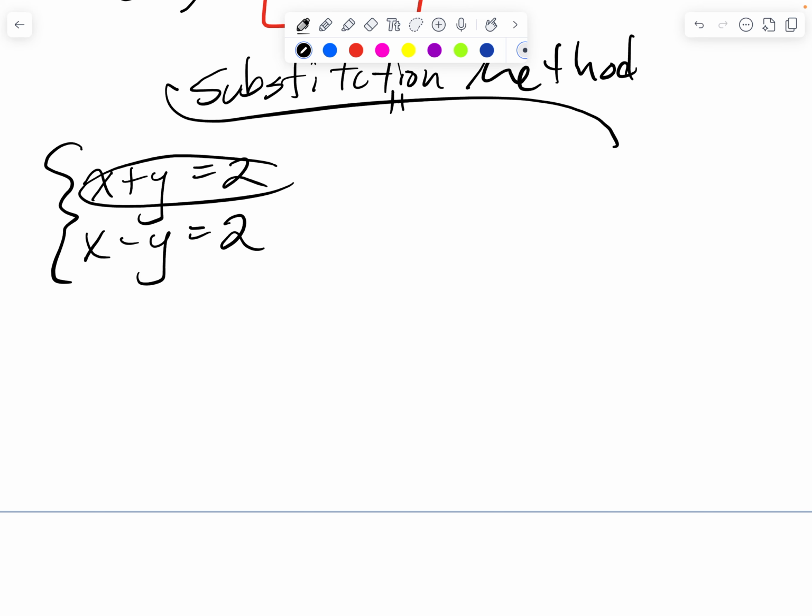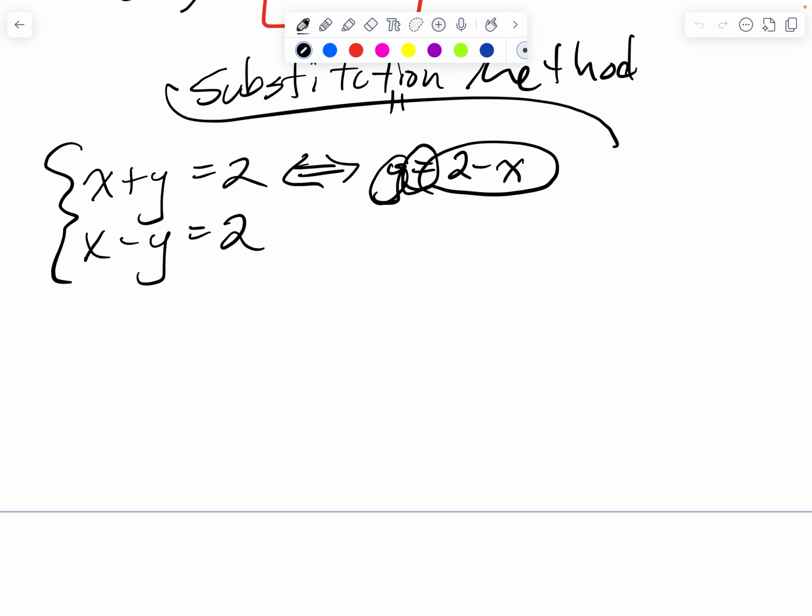This guy can be rewritten. It's equivalent to saying y equals 2 minus x. All I did was subtract the x. And because this is the same as this, and this has a y in it, and this is now telling me y can be substituted for 2 minus x, okay.